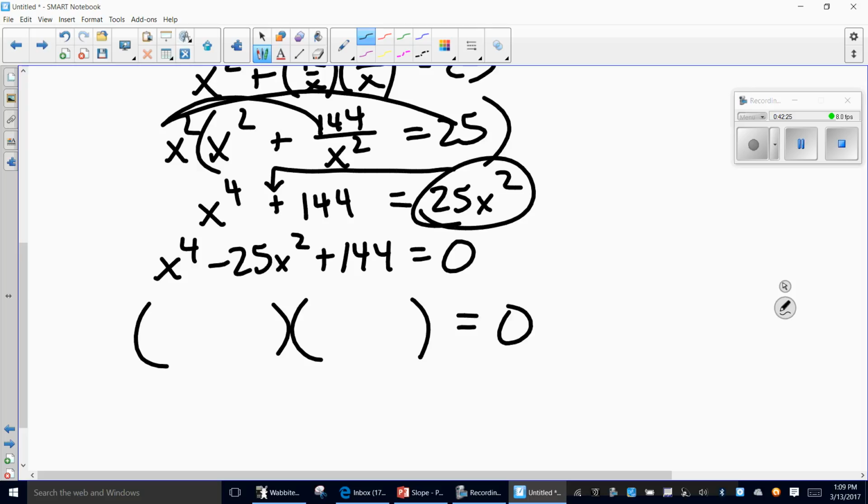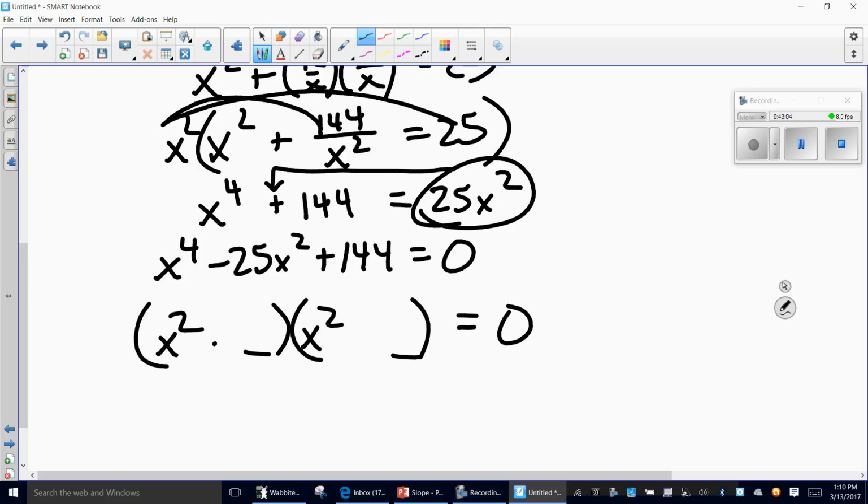What times what is x to the fourth? X squared times x squared. And I need something that will multiply to be 144 that will add to be negative 25. Find me some numbers. Brianna says 16 and 9.